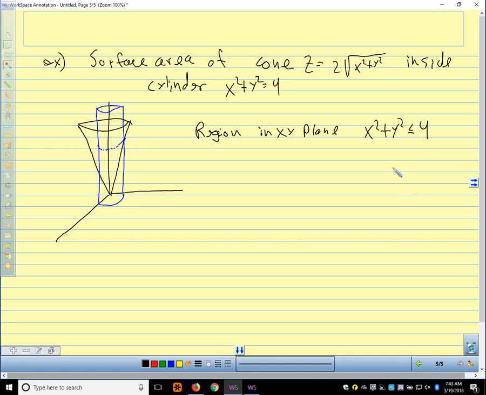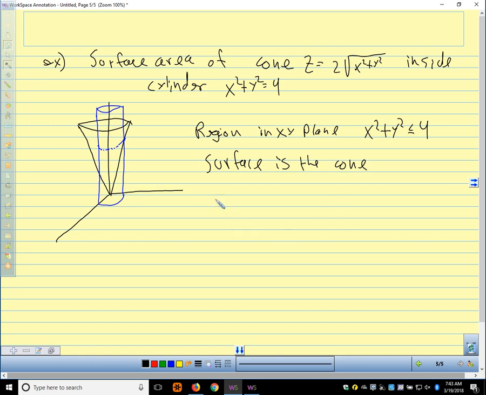So the cylinder is what defines our region in the xy plane. And our surface is the cone. It asks us to find the surface area of the cone. So that's going to be our function that serves as our surface for our integrand. The other piece gives us our region in the xy plane.